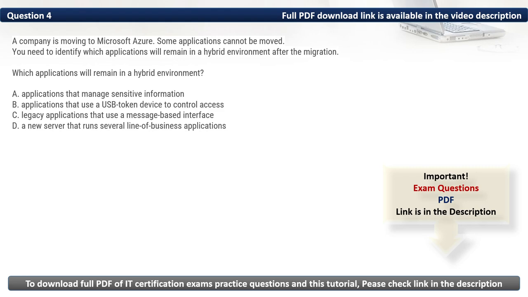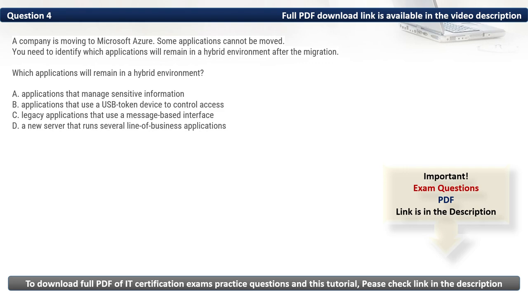Firstly, let's eliminate the incorrect options. We have A, applications that manage sensitive information. They can still be migrated if proper security controls are implemented. Then we have B, applications that use a USB token device to control access. Such applications often have hardware dependencies that make them incompatible with cloud or hybrid models.